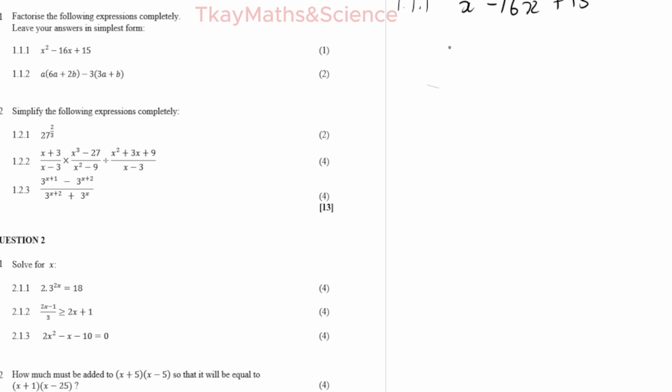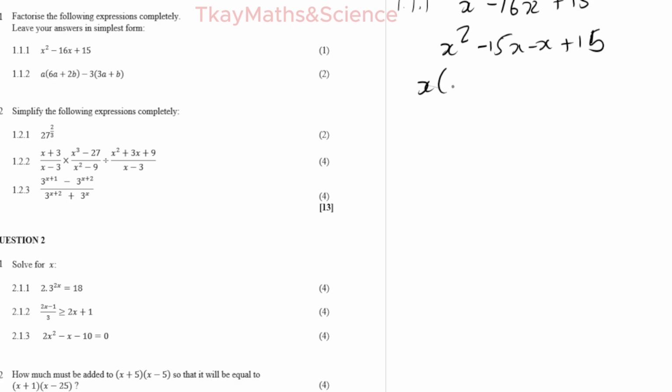So which are those numbers? That is 15 and 1. All right, so we're gonna do 15 and 1, so it's gonna be x squared minus 15x minus x plus 15, right? So we're gonna factor out the first two terms.